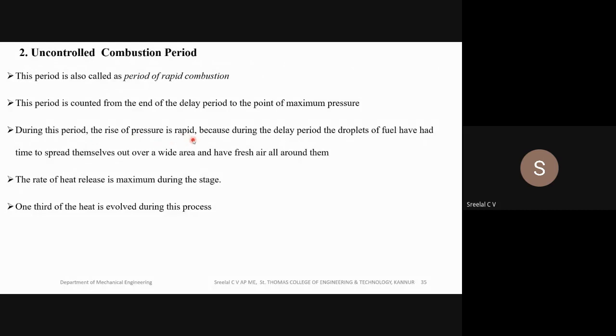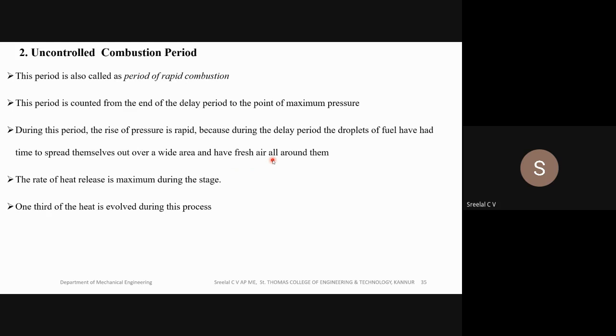The reason is that a highly intense fuel mixture is present, because during the delay period the droplets of fuel have time to spread themselves over a wide range and have fresh air all around. The fuel is spread uniformly over the whole area of the combustion chamber, with fresh air available for combustion.